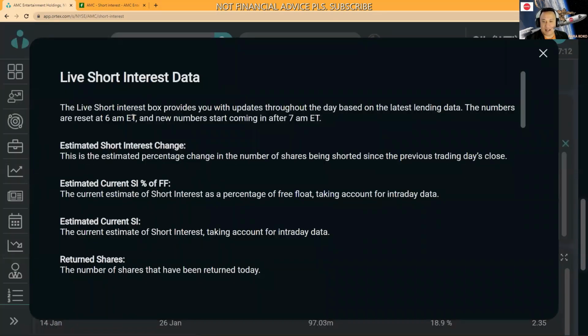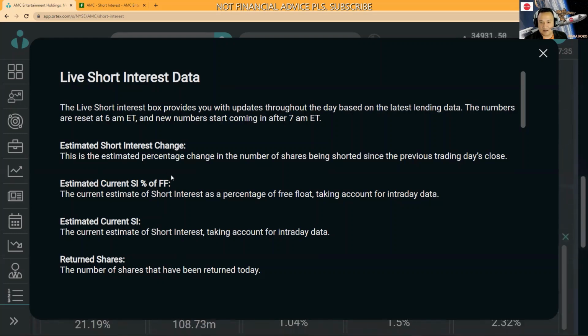The live short interest box provides you with an update throughout the day based on the latest lending data. The numbers are reset at 6 a.m. ET and new numbers start coming in after 7 a.m. Estimated short interest change: this is the estimated percentage change in the number of shares being shorted since the previous trading day close.